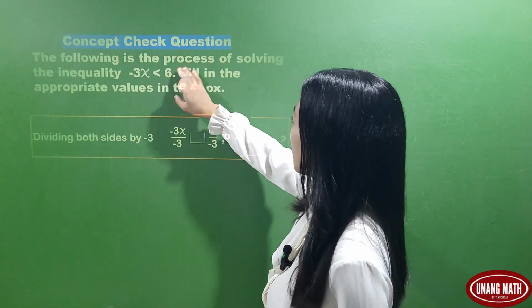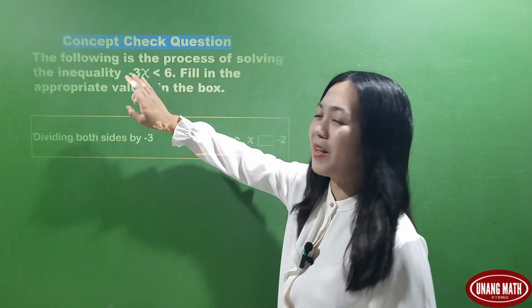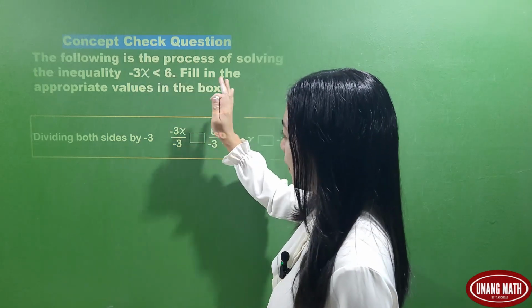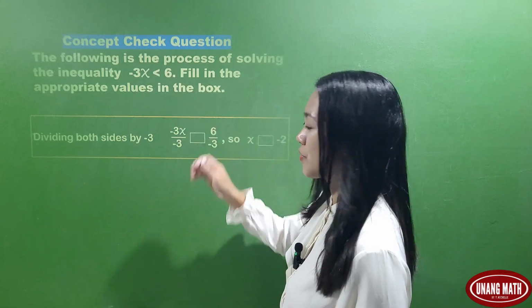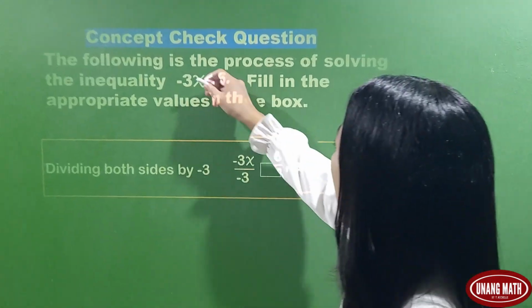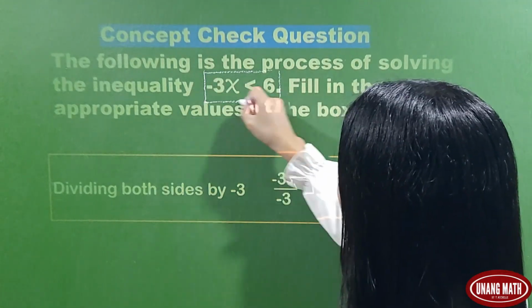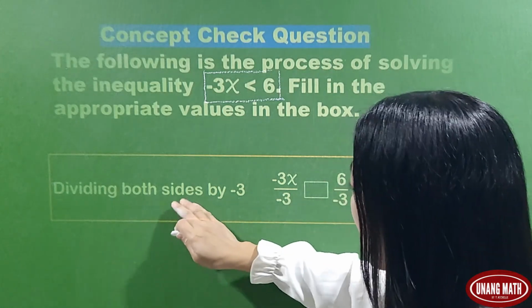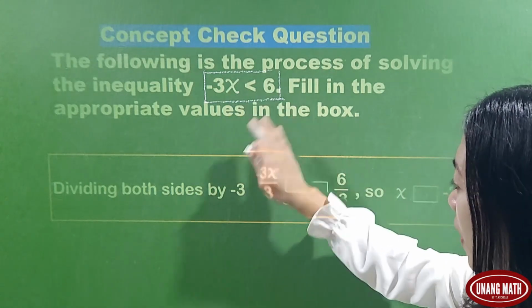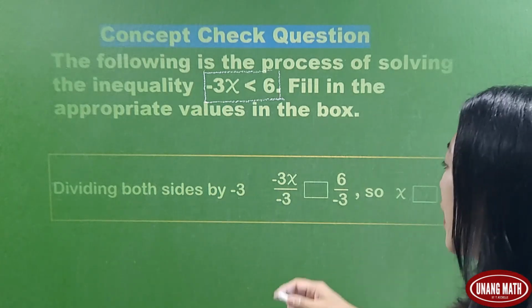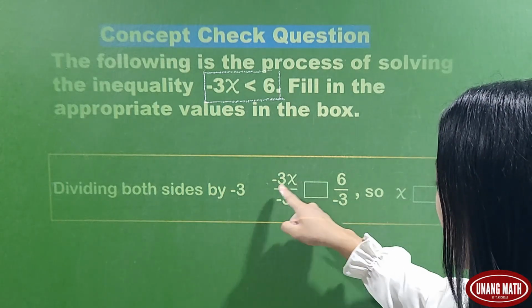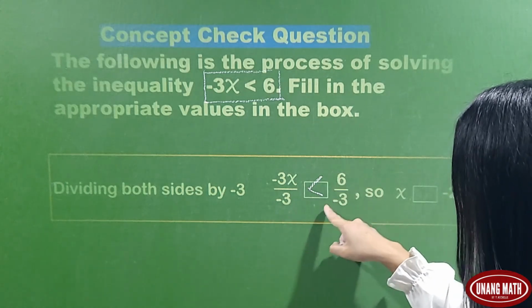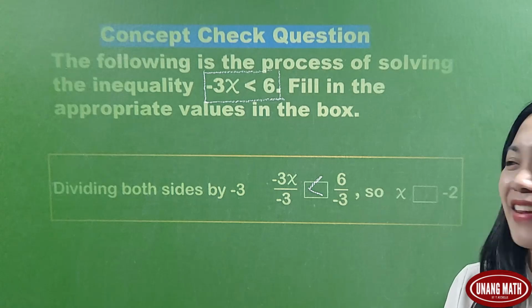The following is the process of solving the inequality negative 3x is less than 6. Fill in the appropriate values in the box. Okay, to solve this inequality, what we have to do first is divide both sides of this inequality by negative 3. So this is negative 3x over negative 3, 6 over negative 3.